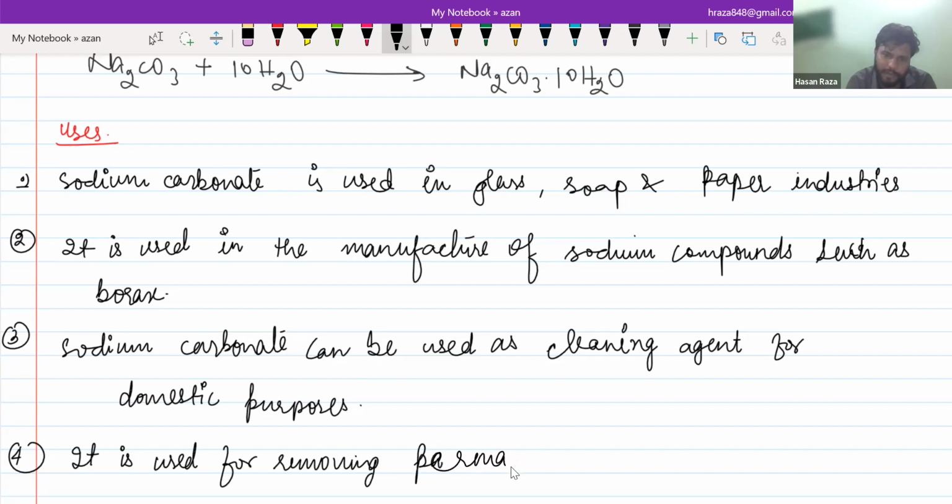And this point is very important. Permanent hardness of water. You will study how we remove permanent hardness of water with the help of sodium carbonate in class 11. Please write it.